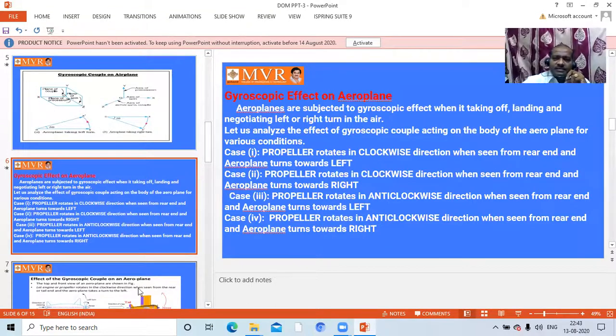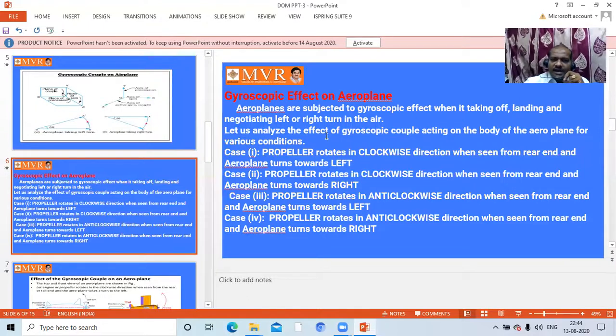Let us discuss what those conditions are. Gyroscopic effect on aeroplanes: aeroplanes are subjected to gyroscopic effect when it is takeoff, landing, or negotiating a left or right turn in the air. So what happens if these changes take place while the aeroplane is moving?